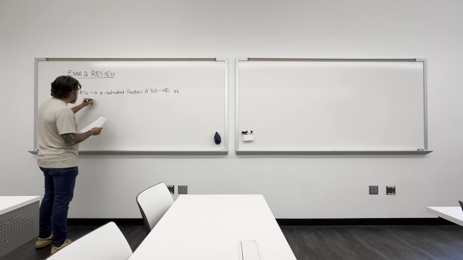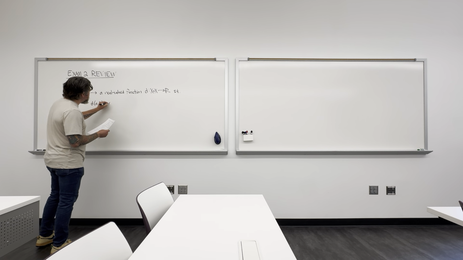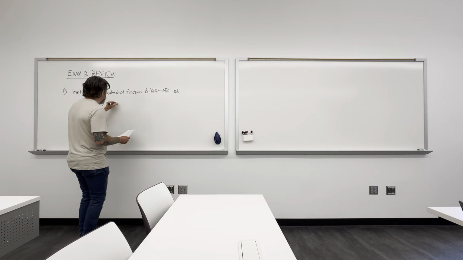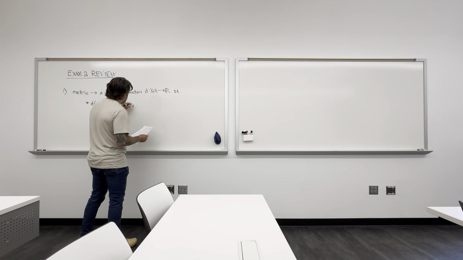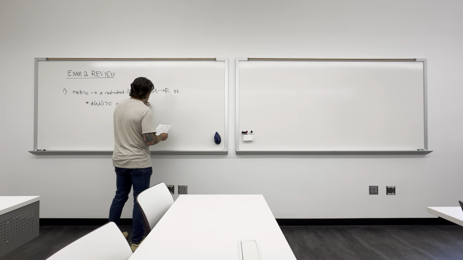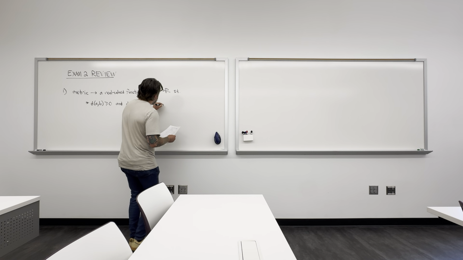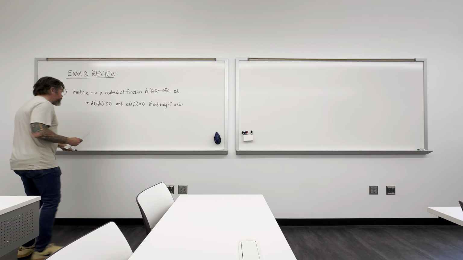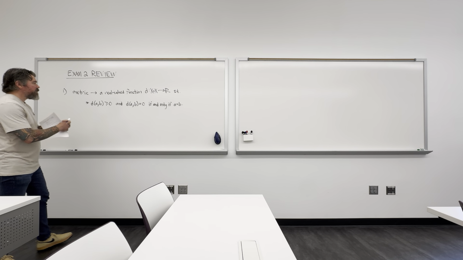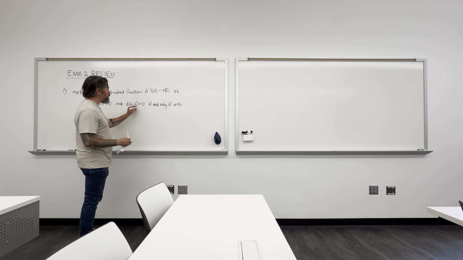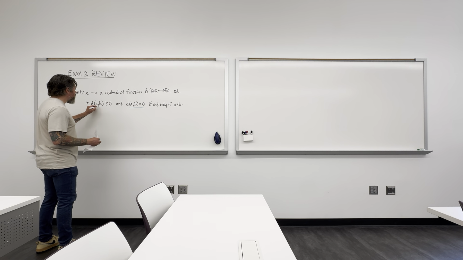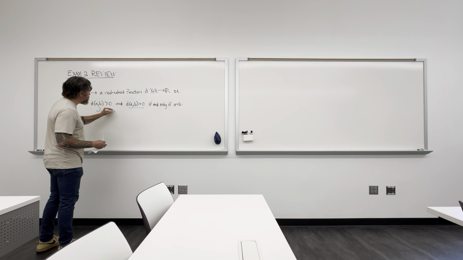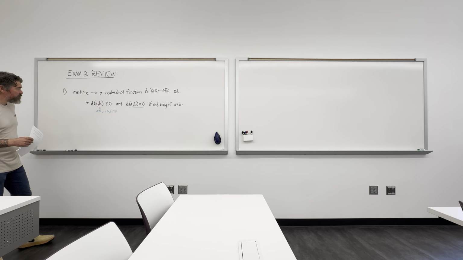So the first is that D of AB is non-negative, and D of AB is 0 if and only if A equals B. So what this tells us is that if the points are equal, their distance is 0, and if they're not equal, then there's some distance between the points.